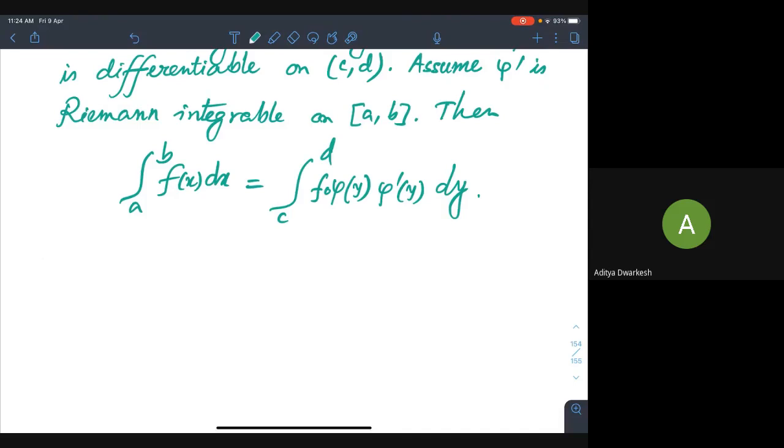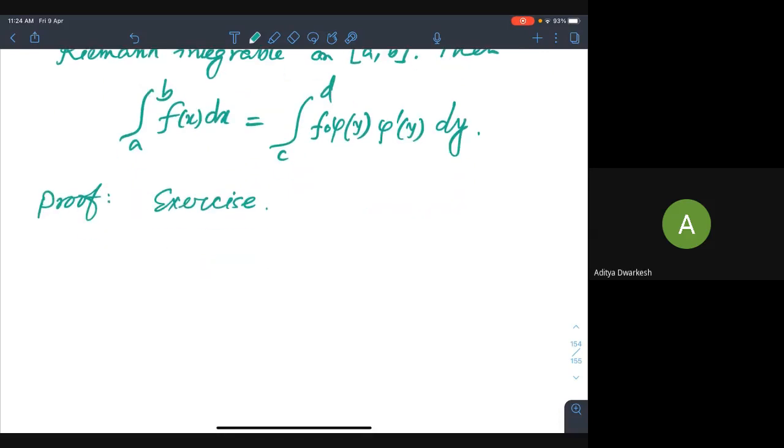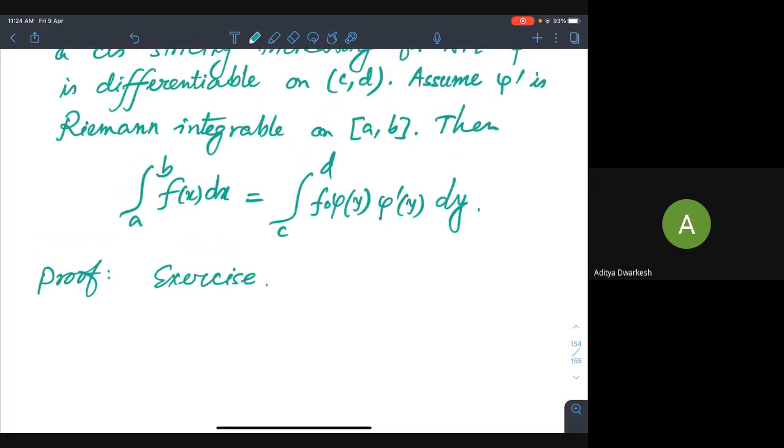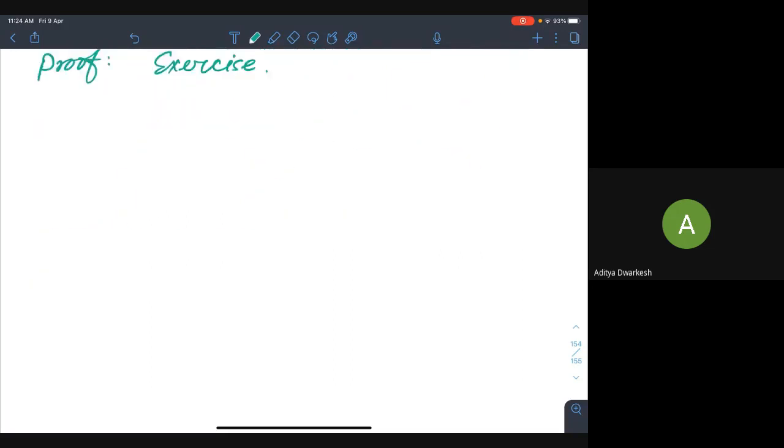So this proof is an exercise. You will definitely find it in the books, but I suggest that you do this one so that you become comfortable with the upper sum, lower sum argument.